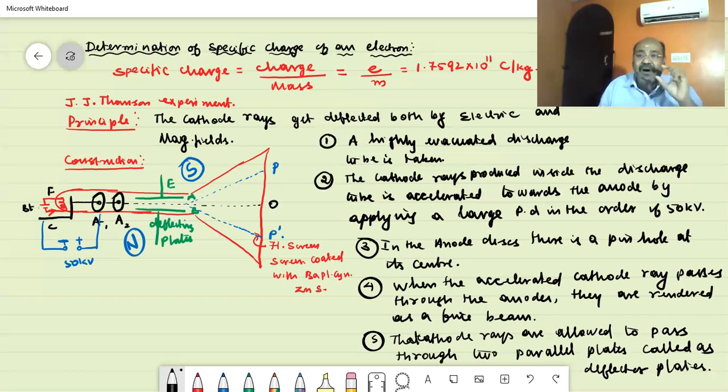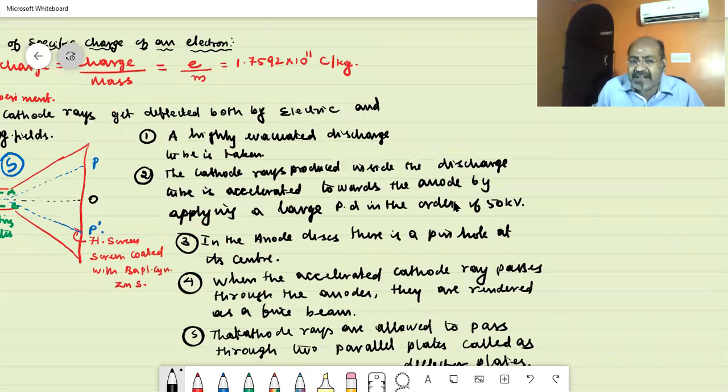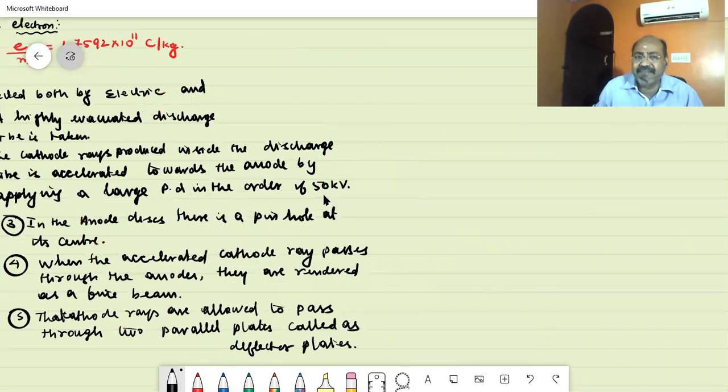So the beam of electrons or the cathode rays coming out of the anode discs is allowed to pass through two plates, which we are calling the two parallel plates known as the deflector plates.